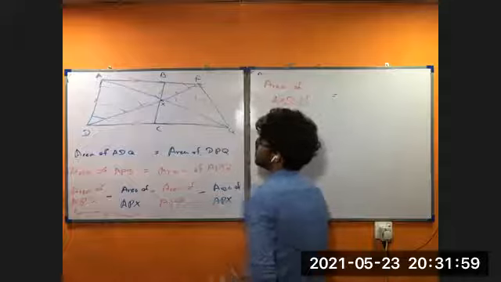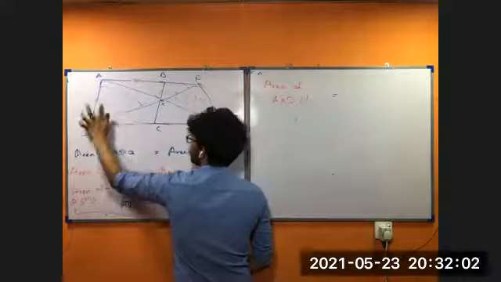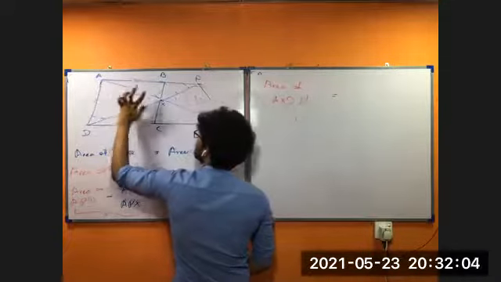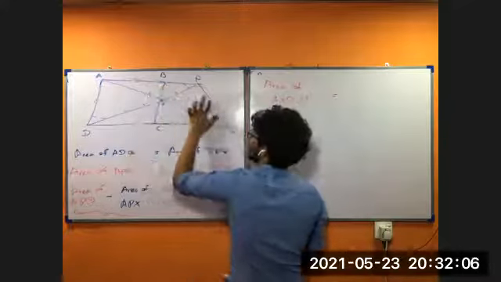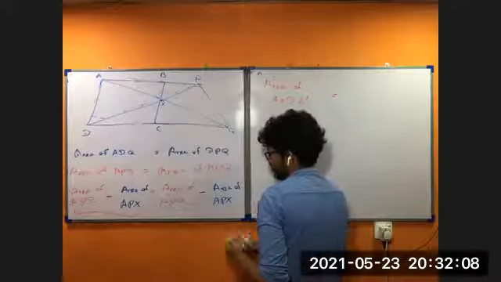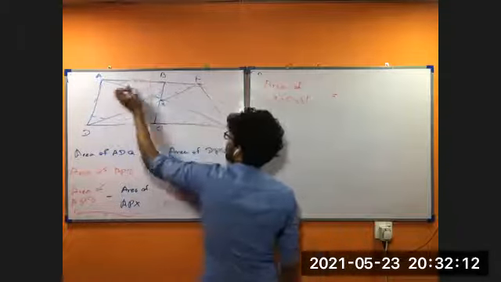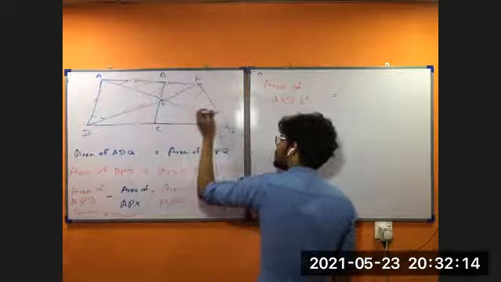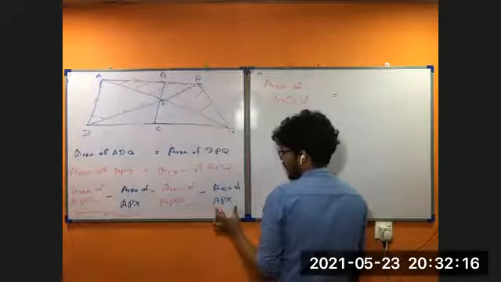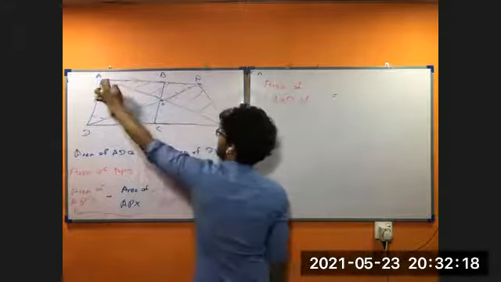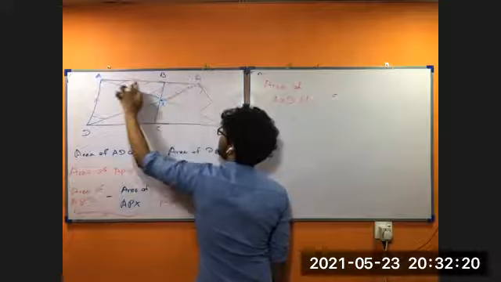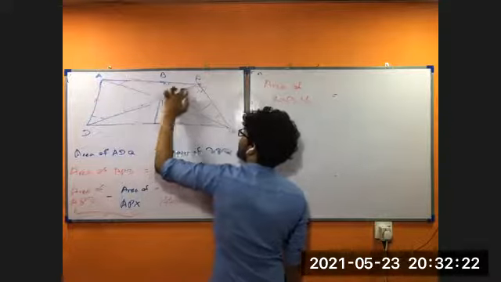So what is area of APQ triangle? Let me erase this. Area of APQ means this triangle, right? From that triangle, I am subtracting the area of APX. This part I am removing.